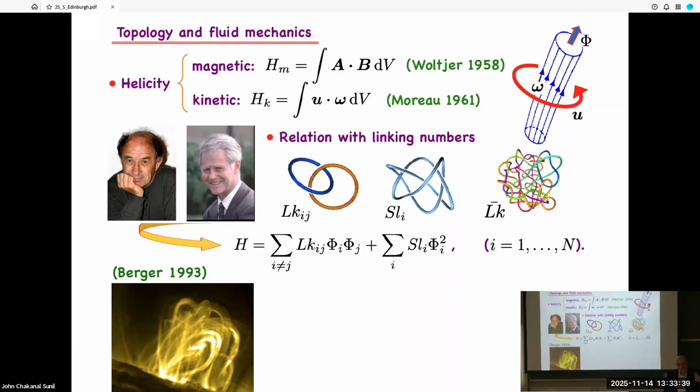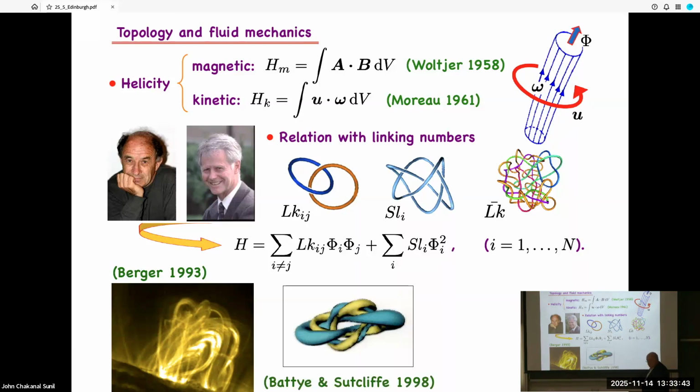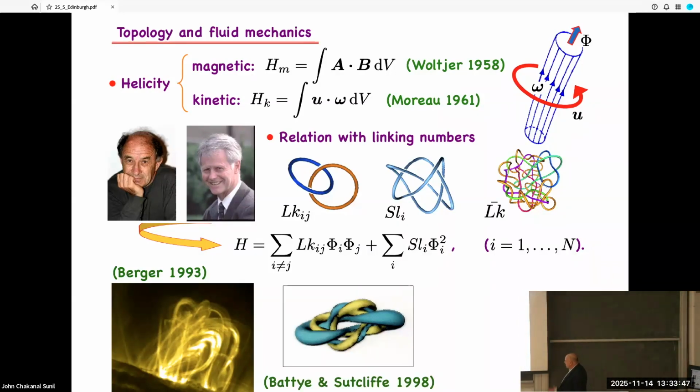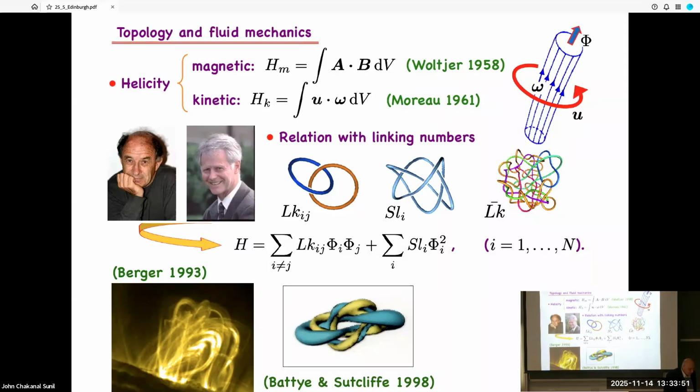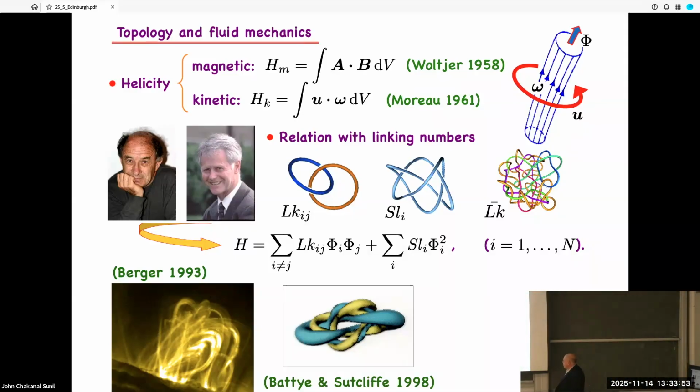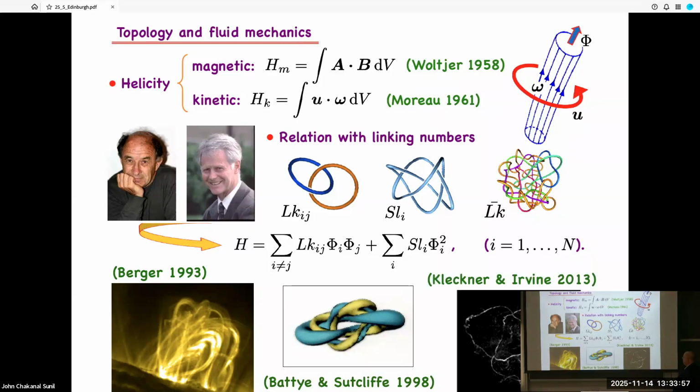You can relate the crossing numbers to the energy content. Another beautiful work is by Paul Sutcliffe and a collaborator. That was back in, I think, Cambridge time, and these are kind of solitons, so to speak, where they work out the linking effect on what we may call helicity.